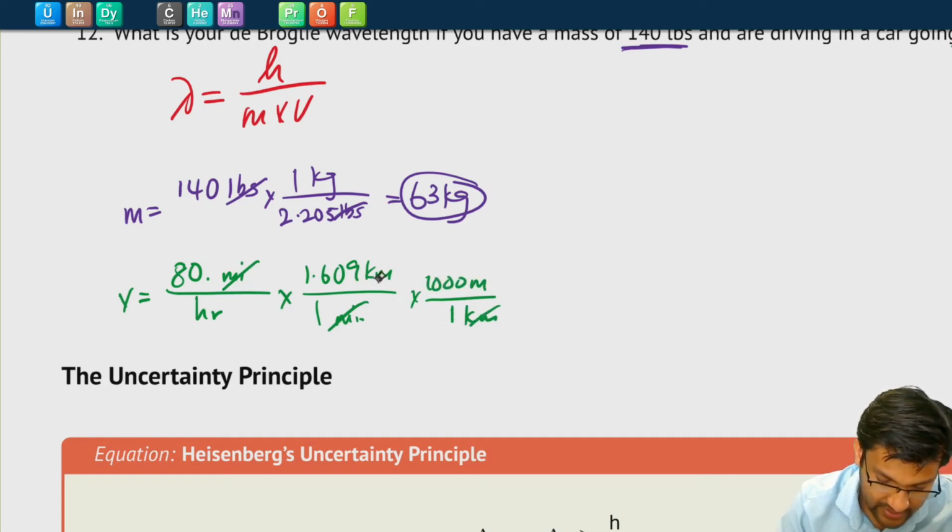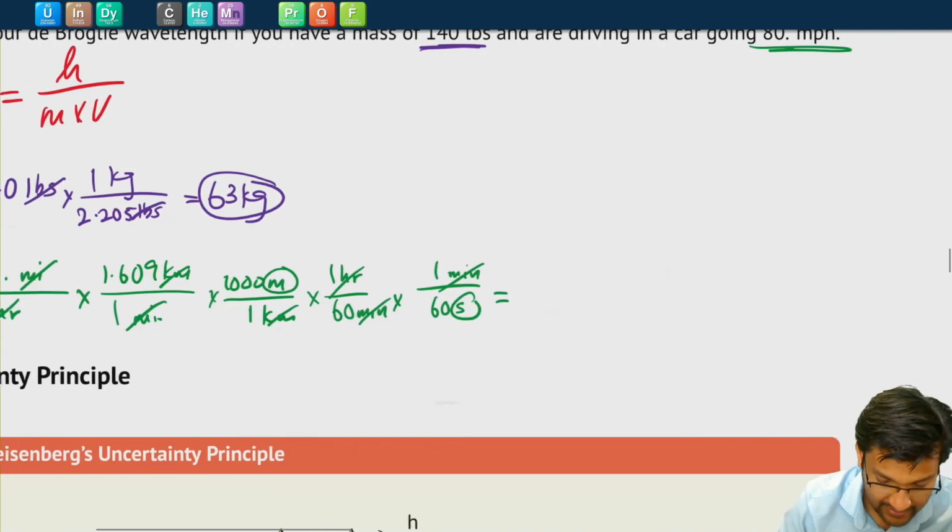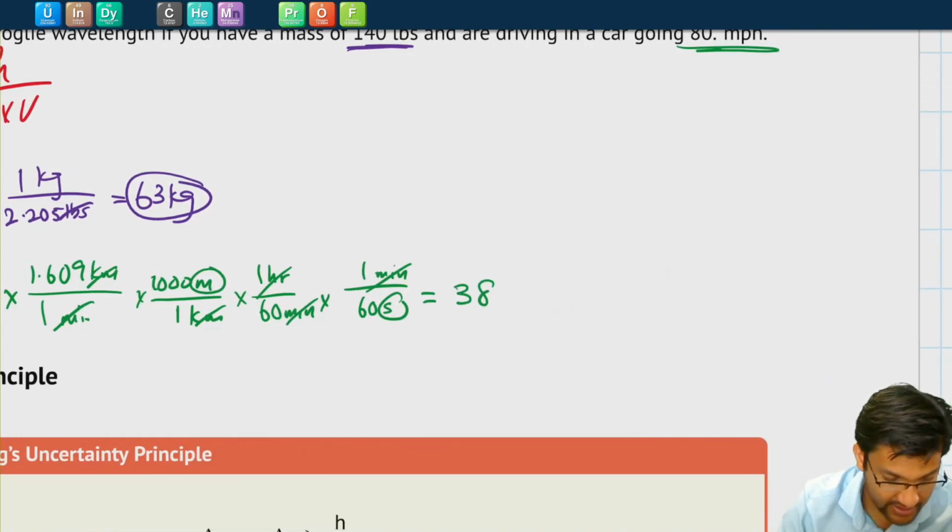So that will give us the meters on top. Now we need to convert hours to seconds. We know that 1 hour is 60 minutes, and 1 minute is 60 seconds. So minutes cancel, hours cancel, so this will give us meters per second. And if we plug all of this into our calculator, I think we get 38 meters per second.